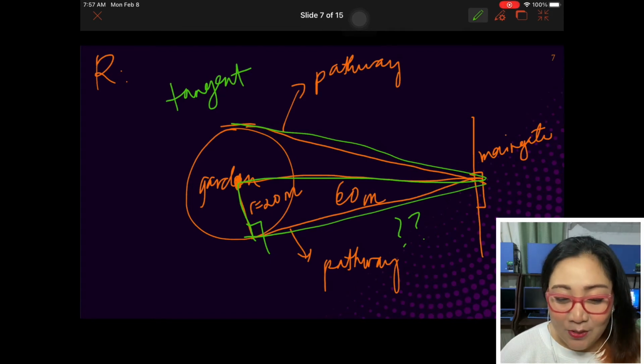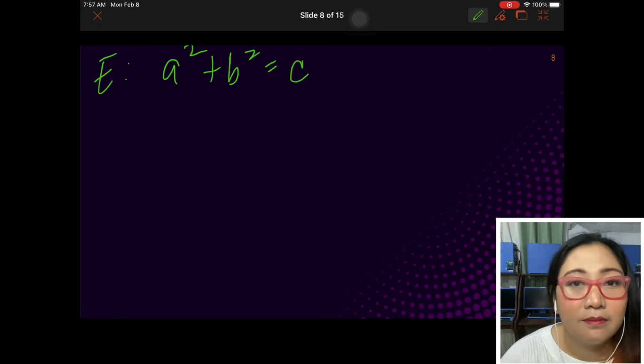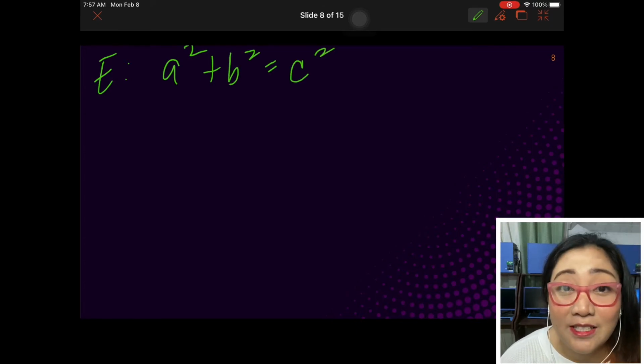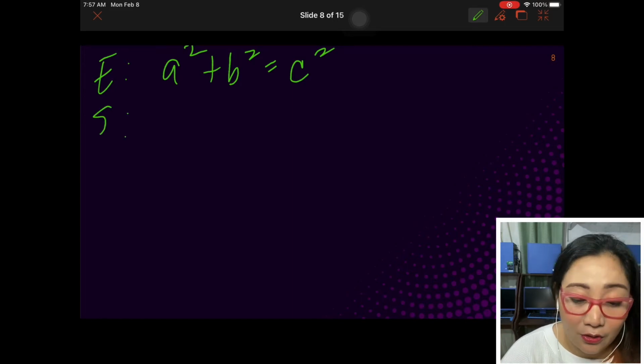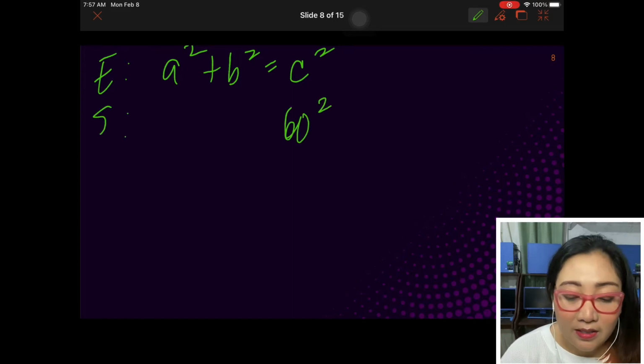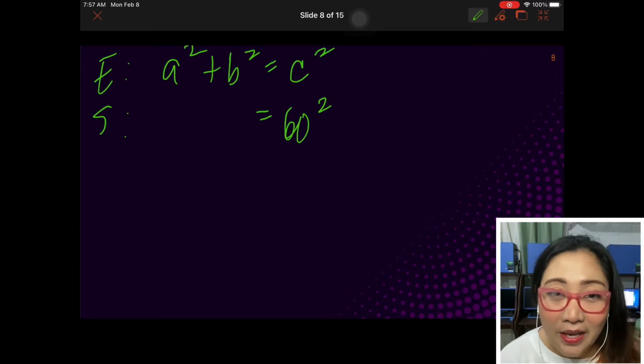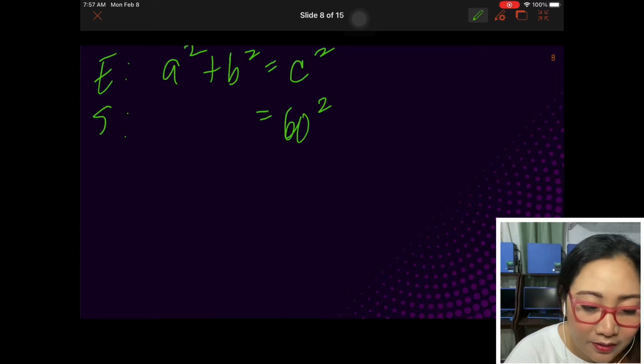Okay? So, napapasok na tayo sa equation part. So, anong equation? Siyempre, Pythagorean theorem. Ano bang Pythagorean theorem? a squared plus b squared equals c squared. So, in this case, alin yung c squared natin? Ang c squared po natin ay yung 60 meters. Okay? Tapos, sabihin na lang natin na yung a natin yung 20 meters. Okay?